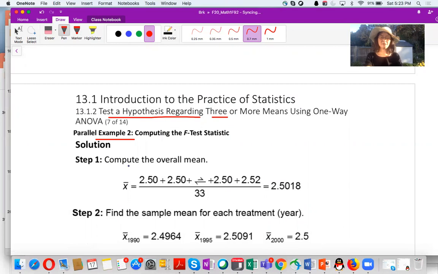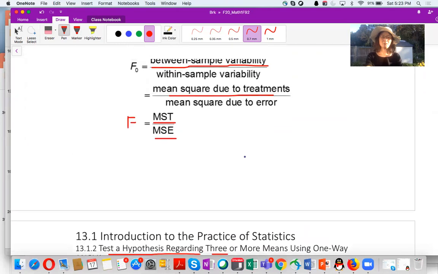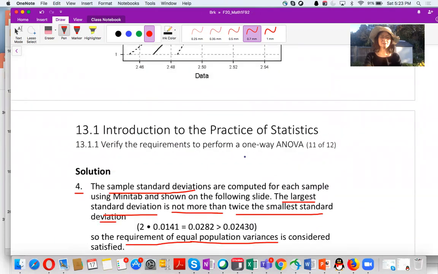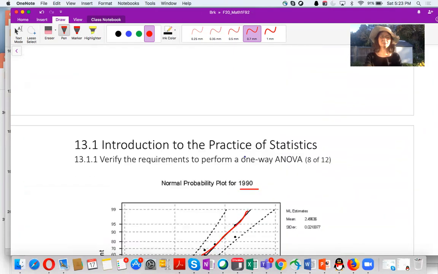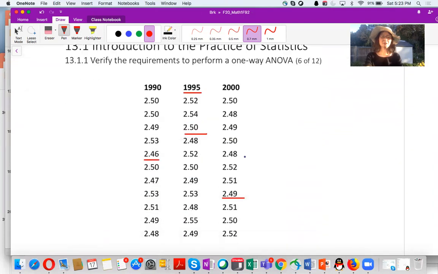So how do we calculate the test statistic? First, you do the average for all the data. Remember how many total data here? So do the calculation for the average of all these data.